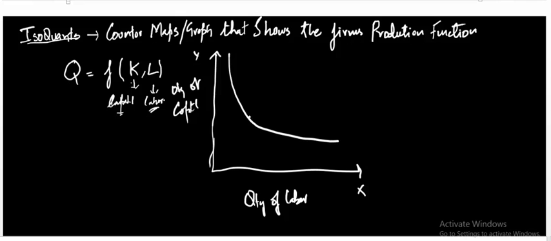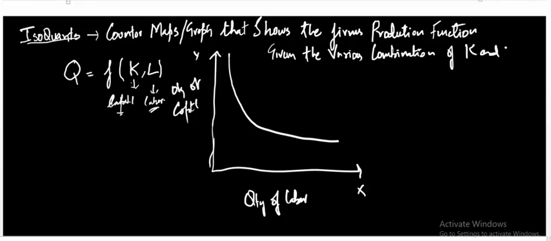Now, what does this graph show? It shows that given the various combinations of capital and labor, how we actually combine the capital and labor in different proportions gives the same output.